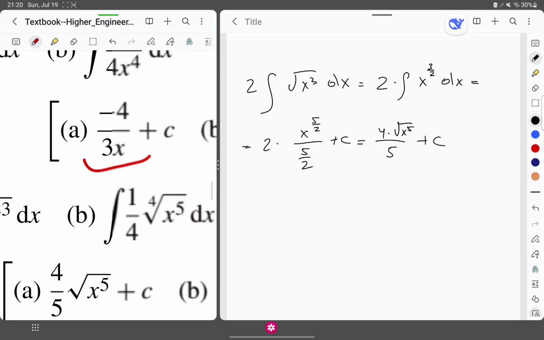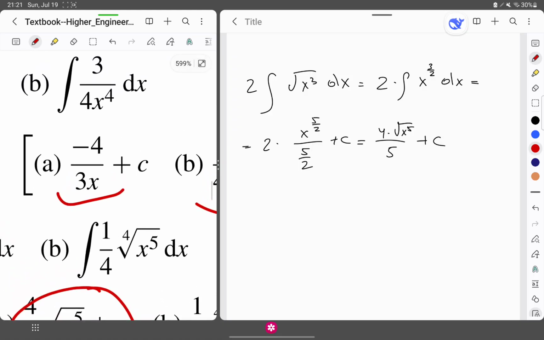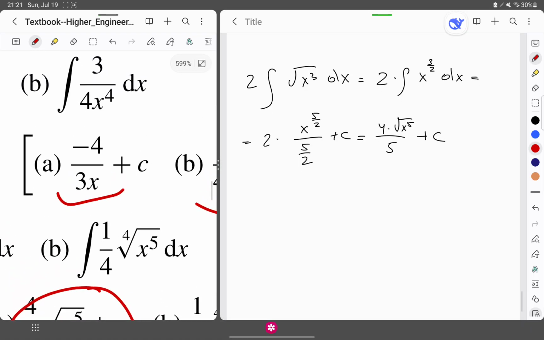I think it's correct. And what about this one? Is that true? Let's check here. 4 over 5 x to the power of 5. Yes, that's true. What about this one?